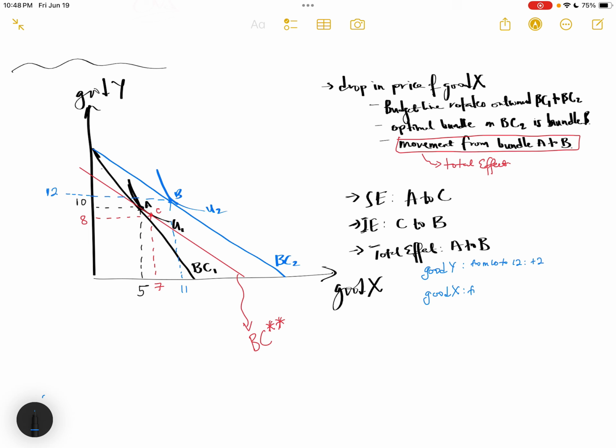So from 5 to 11, that is an additional 6 units of good X. Okay, that makes sense. We understand that.